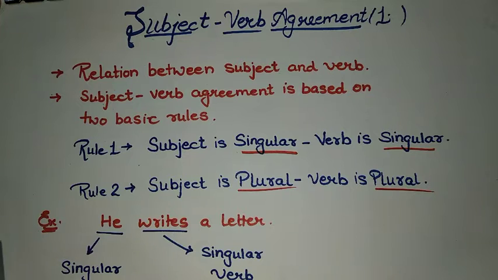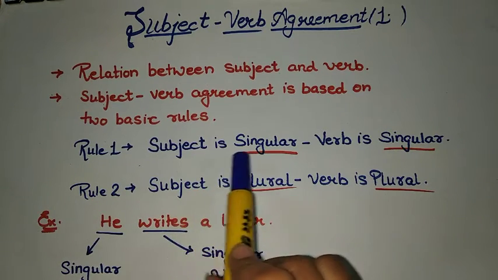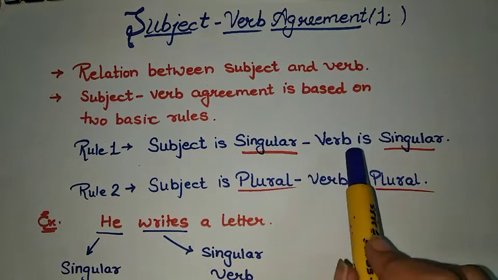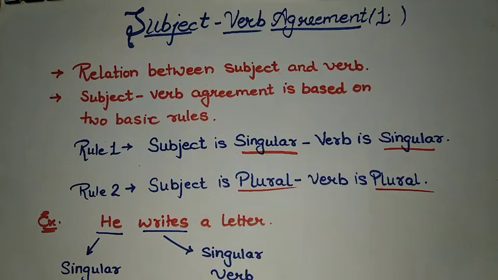Subject verb agreement is based on two basic rules, as you can see, I have written here. Rule number one says that if the subject is singular, the verb will be singular. And rule two is if the subject is plural, the verb should be plural. Now, why and how do we understand this?